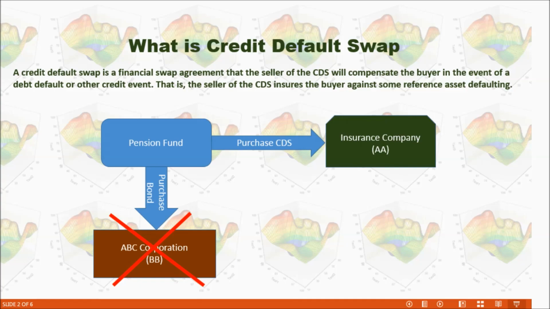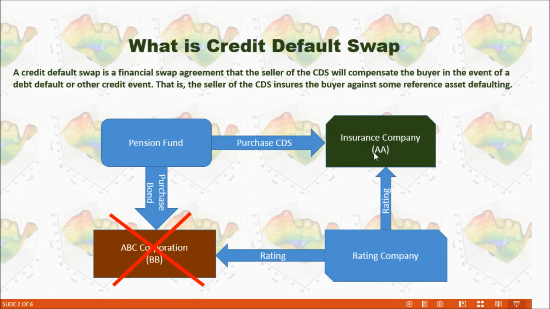So you will pay the insurance company a premium, and in case ABC Corporation goes bankrupt, the insurance company will pay back your investment. But if ABC Corporation didn't default, then you just pay the premium, and the insurance company won't pay back anything to you.